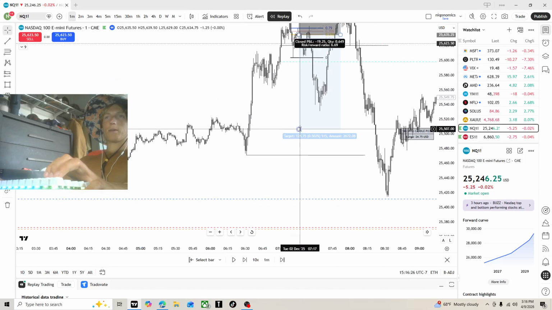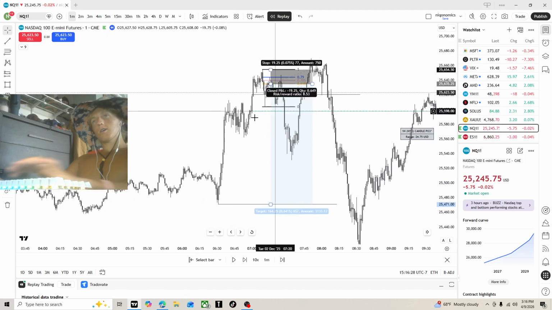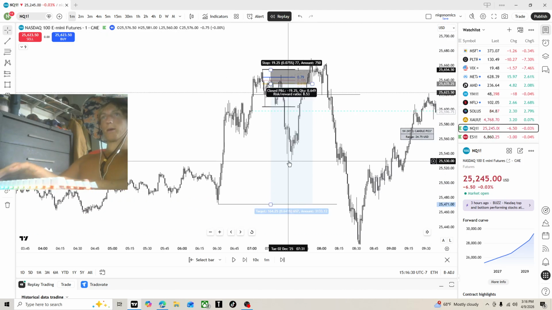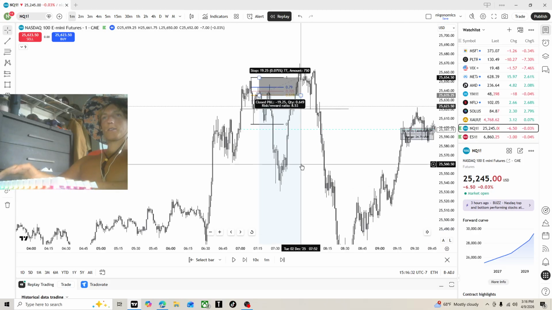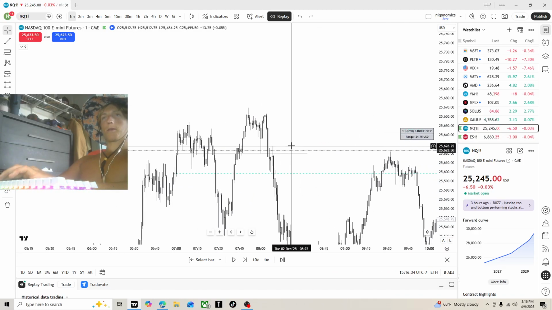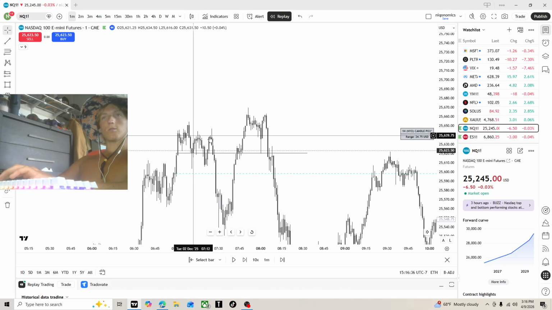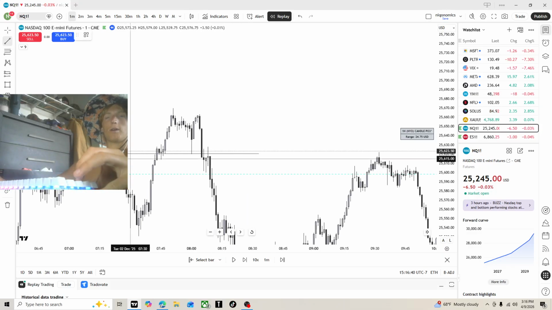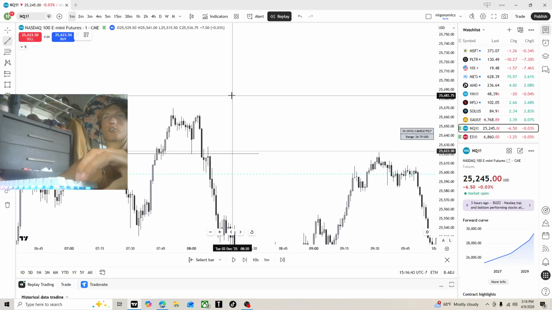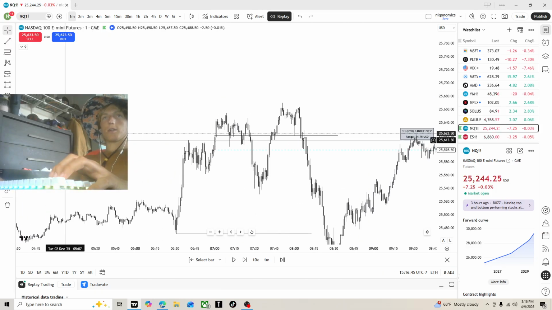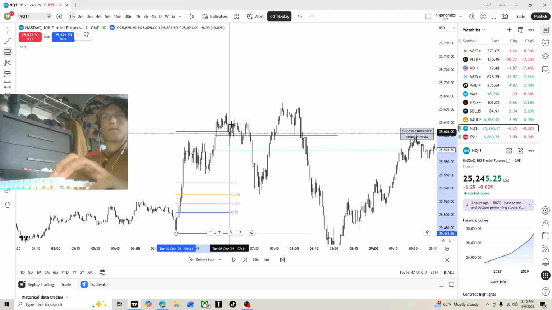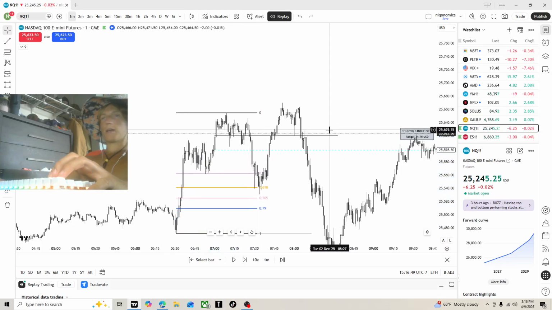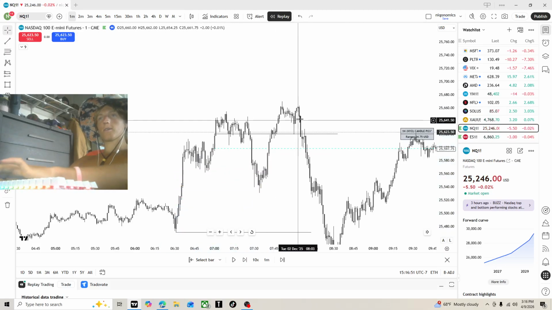This is a big range, so to target this is pretty big. And then you can see we re-manipulated this high. We're getting a 10 a.m. manipulation. So realistically, you can just target the OTE of the 9 a.m. candle. Sorry, you would have hit right there.